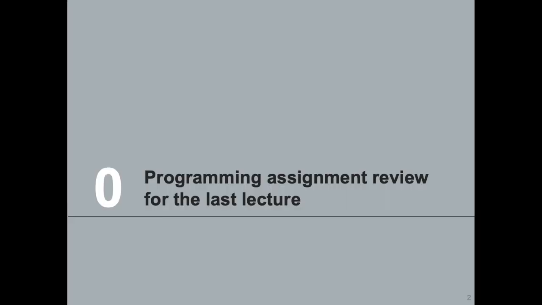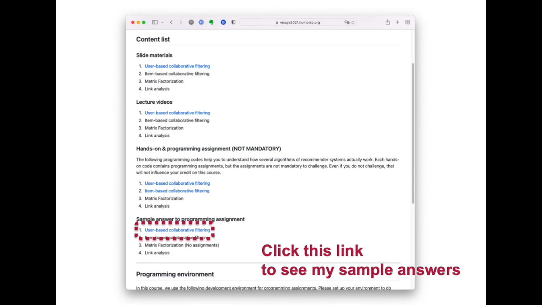Before talking about today's main content, let's review the programming assignment for the last lecture. You can see my sample answers for the programming assignment through this URL. Click this URL, then click this link at this section, sample answer to assignment, on this web page.